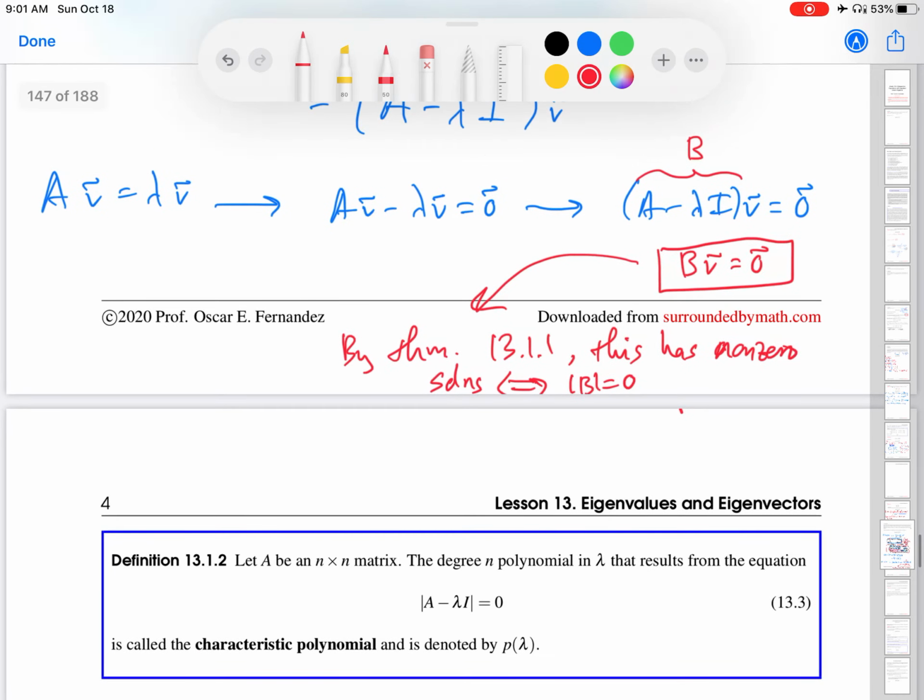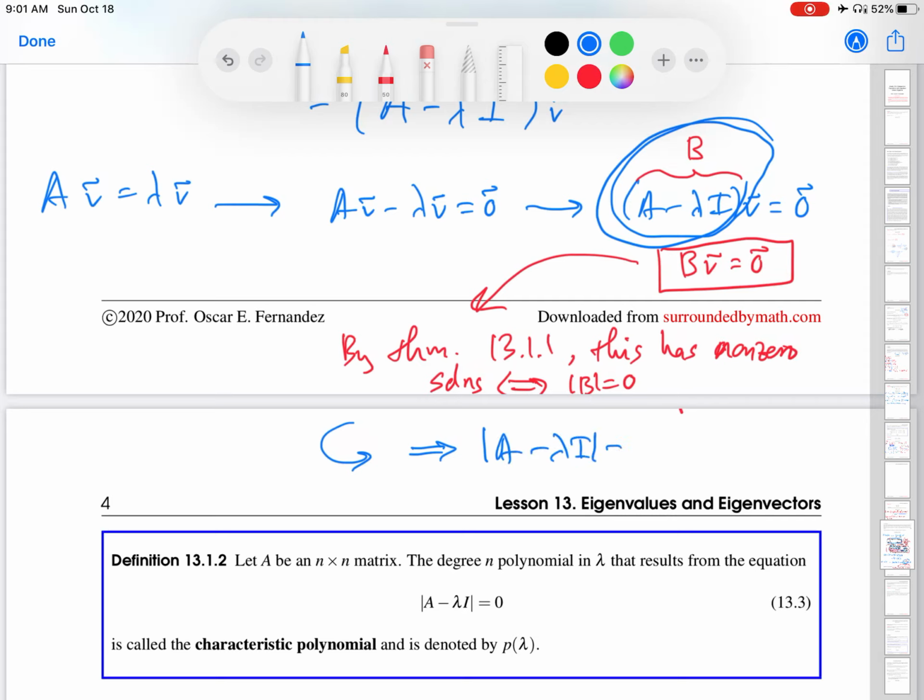And what was B? Well, B was up here, right there. So this turns into the determinant of A minus lambda I equals 0, and that explains this definition down here. So that gets us this condition.